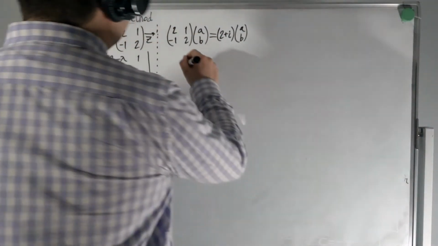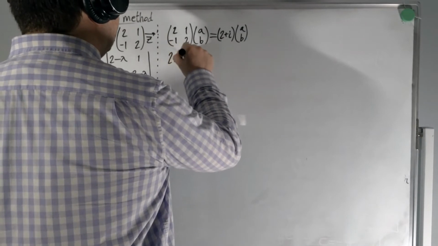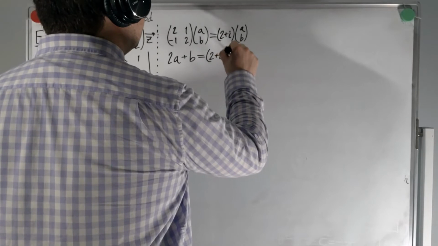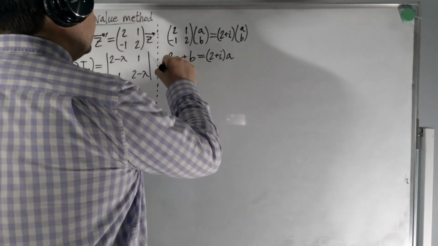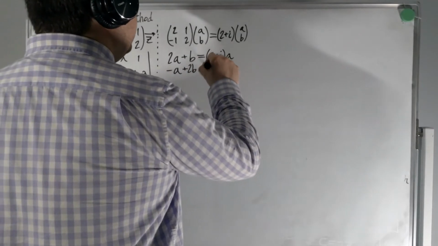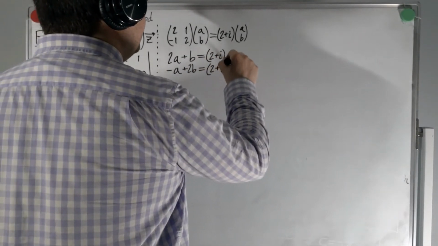You multiply through, you get 2a plus b equals 2 plus i times a, and negative a plus 2b equals 2 plus i times b.